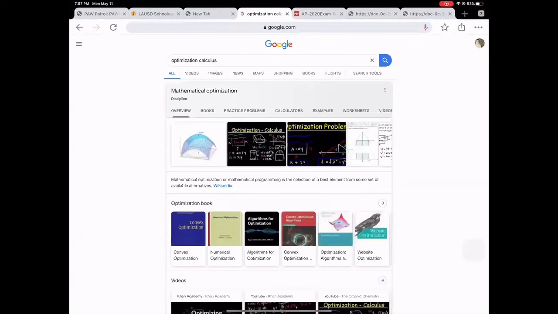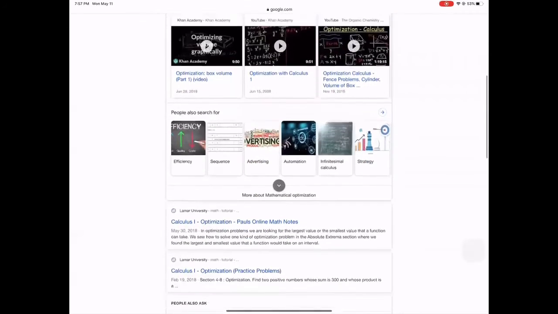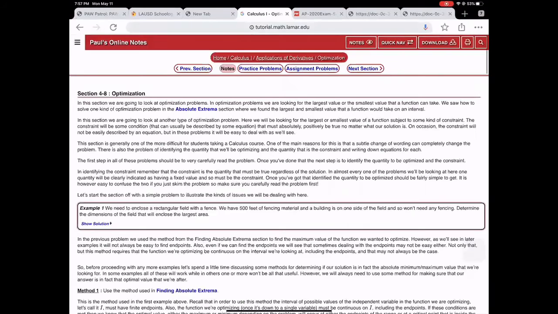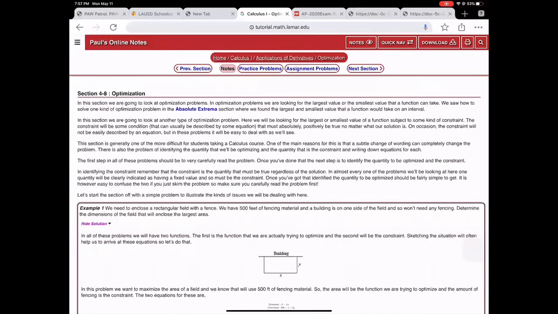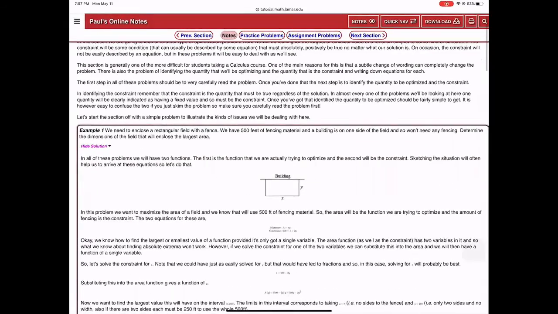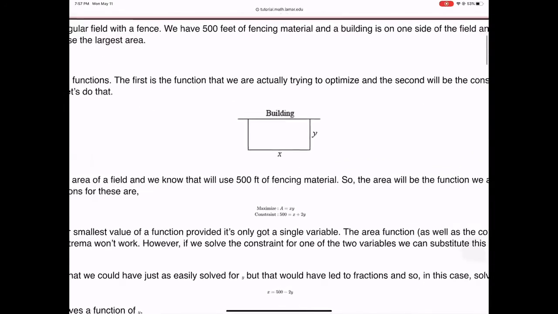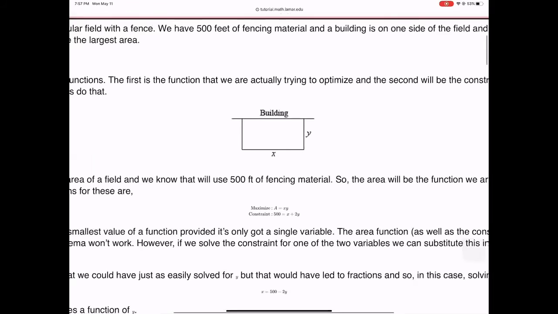All optimization is, you just have to be aware, it's just taking the derivative. Even this, we have an enclosed rectangle with a fence. Reading example 1, we have 500 feet of fencing material and a building on one side of the field, so you don't need any fence there. Determine the dimensions of the field that would enclose the largest area. I'm going to click on this guy's solution. He drew the picture, so draw the picture. Here's our equation that we want to maximize.